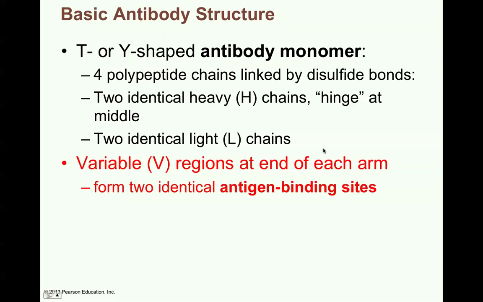At the end of each arm, like at the tips of the Y, the 2 parts of the Y that stick up, these are variable regions. So we call these the arms, at the tips of the arms. These variable regions form 2 identical antigen binding sites.